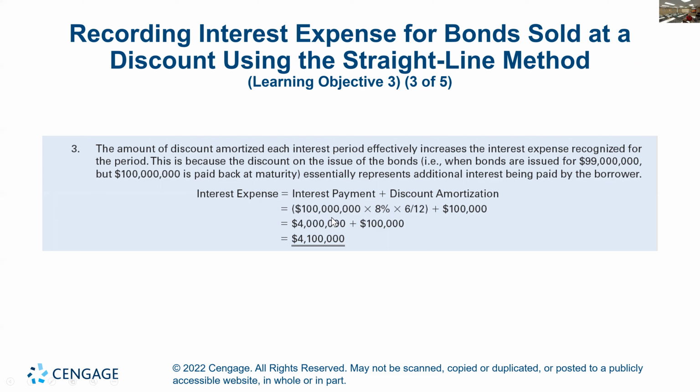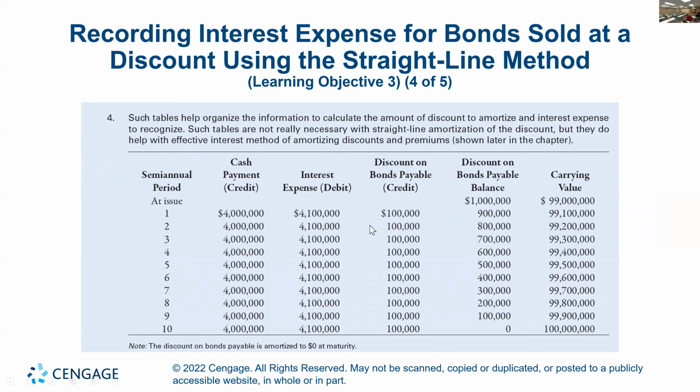So $4 million is going to be the interest payment for this. That's the cash that's going out. But this amortization of discount, since we got less money, is going to increase this expense when we put it on our income statement. Whereas the premium is going to do the opposite.